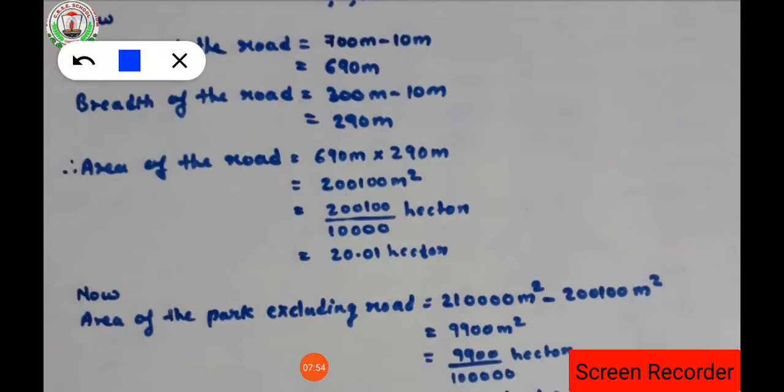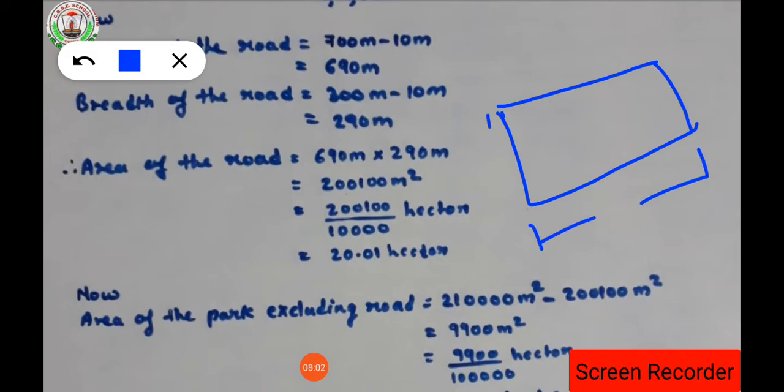Since the width of the road is 10 meter everywhere, that means it will be subtracted from the length and breadth. You will understand more by using this figure. The length of the park we are having is 700 meter, isn't it? Now the breadth of the park is 300, isn't it? Now one of the crossroads is made like this. What is the width of the crossroad? That is 10 meter.